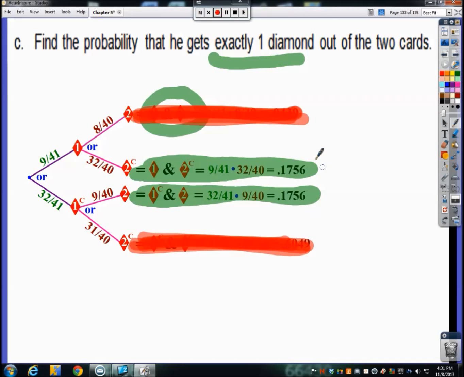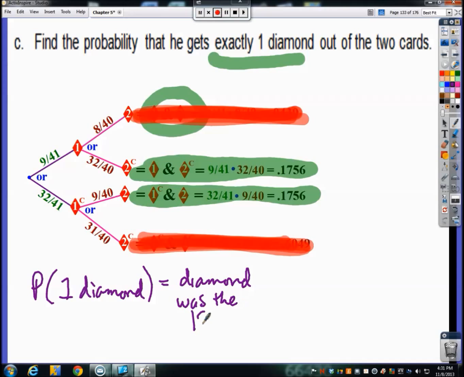So what do we do with these probabilities now? Well, here's the thing. Getting exactly one diamond means that either the diamond was the first card, or the diamond was the second card.